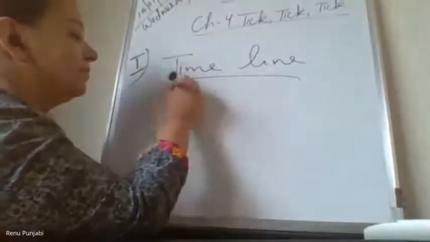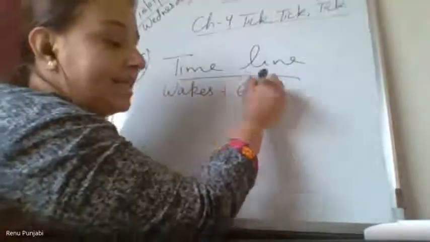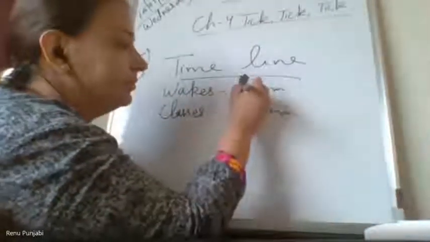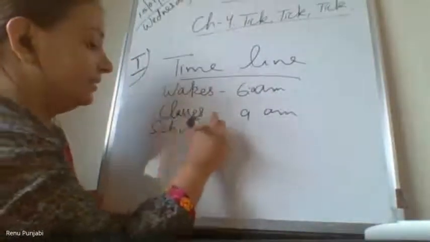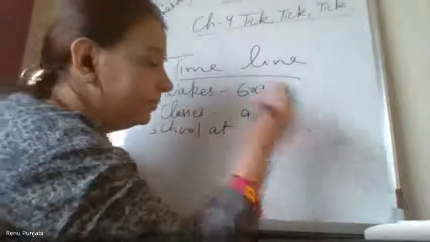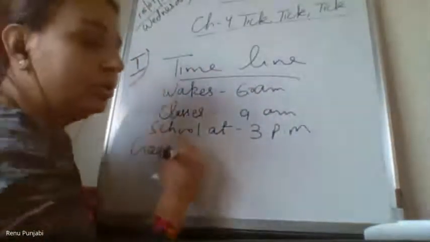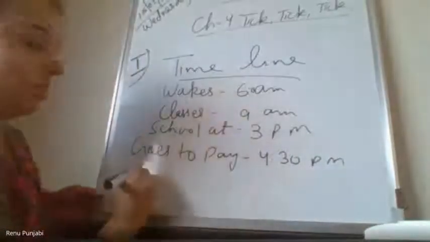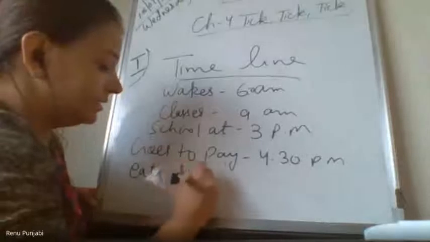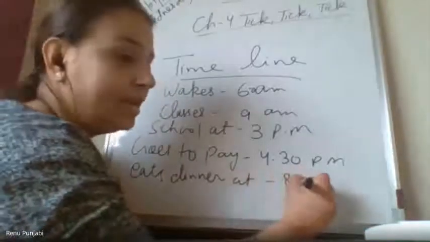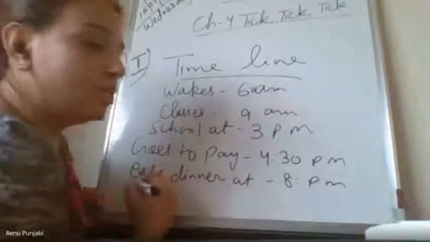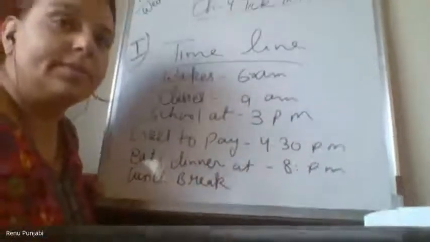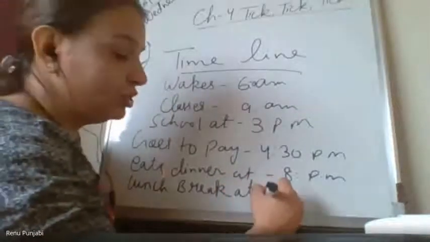She wakes up at 6 a.m. and her classes start at 9 a.m. Her school ends at 3 p.m. She goes to play at 4:30 p.m. Eats dinner at 8 p.m. Okay. So lunch break at 12 noon.